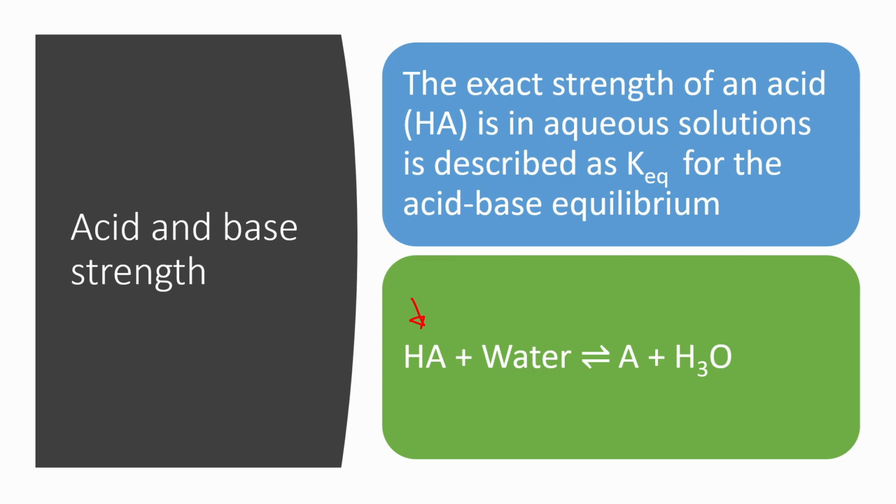The acid combines with water, loses the proton, and the proton attaches to water, which forms our hydronium ion. Then the acid is left alone and becomes our conjugate base.